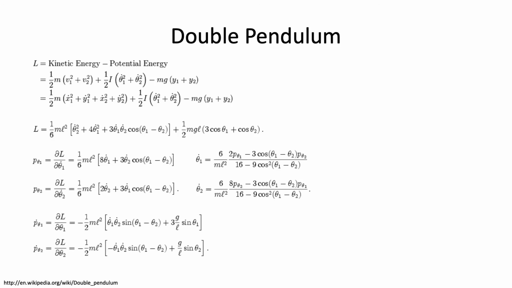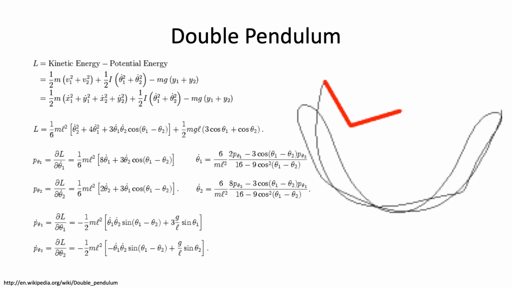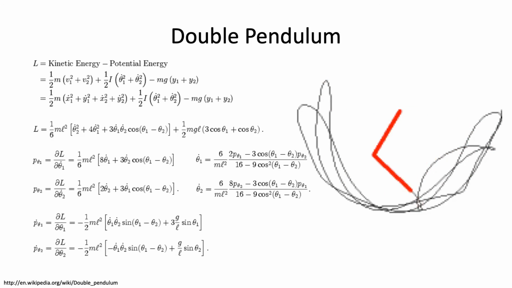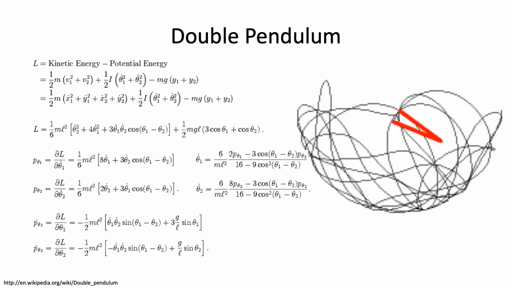Instead, I'll show you how a double pendulum behaves given an initial condition. You can see how its movement closely resembles how you would move your whole arm. It would even seem like the double pendulum is dancing.